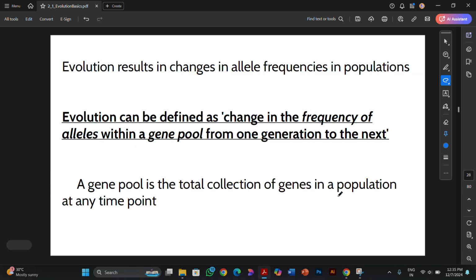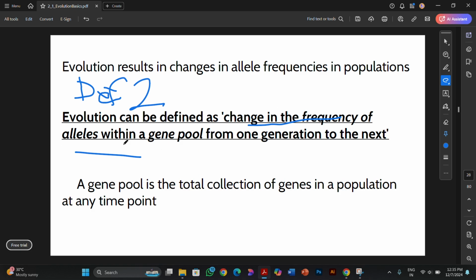Now we define evolution in a different way. This is the second definition of evolution. Evolution can be defined as change in frequency of alleles within a gene pool from one generation to the next.